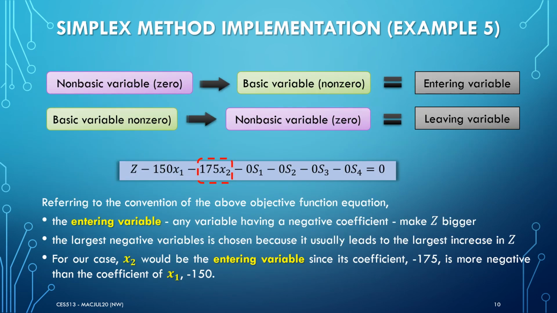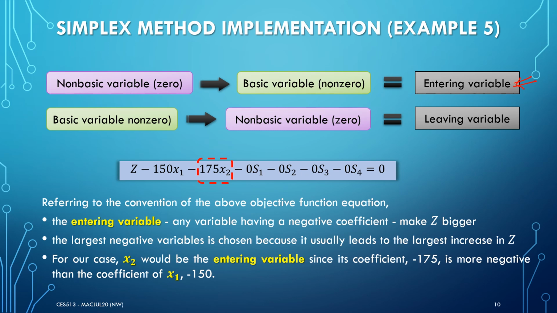To summarize this important step, one of the current non-basic variables must be made a basic variable, which is a zero variable made to be a non-zero variable. So this is called the entering variable.